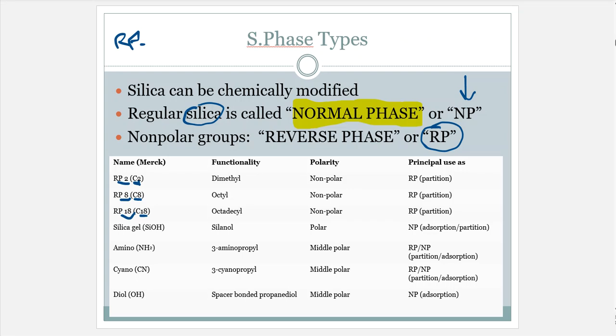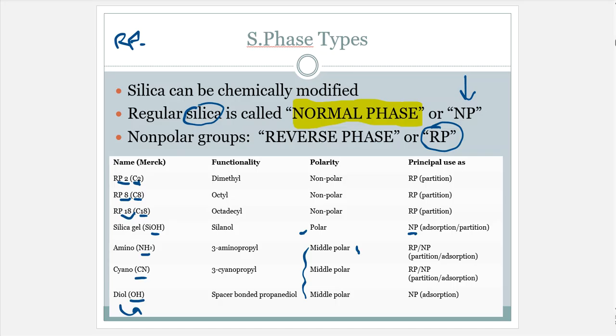The silica gels, notice the OH group, the amino NH2, the cyano CN. Diols, di means 2, so 2 OH groups in a way. These are polar and these are middle polar, so there's polarity associated with them, just not as strong, but the polarity is still there. Then straight up polar is our normal phase separation that happens on the plate.